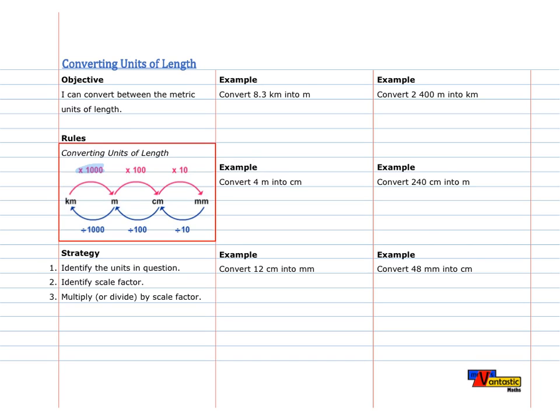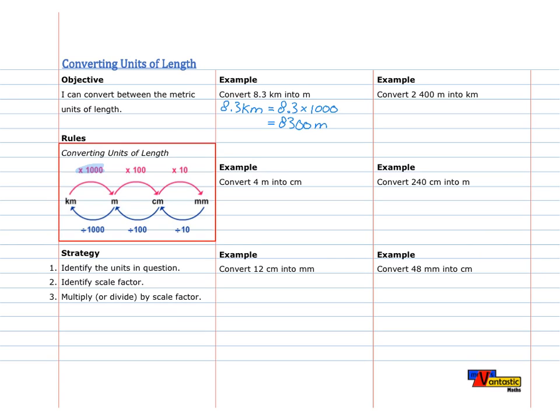So to convert 8.3 kilometers into meters, I'm going to multiply 8.3 by 1000. Use your calculator if you must, and we'll find that this is 8,300 meters.